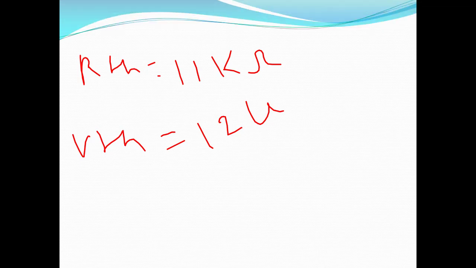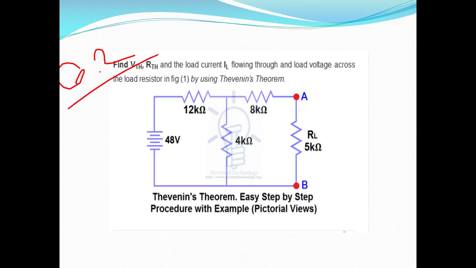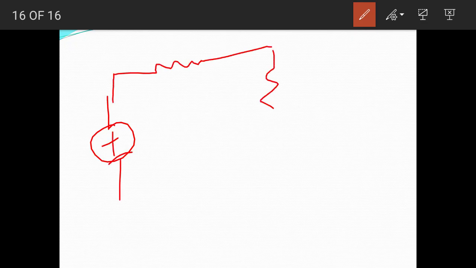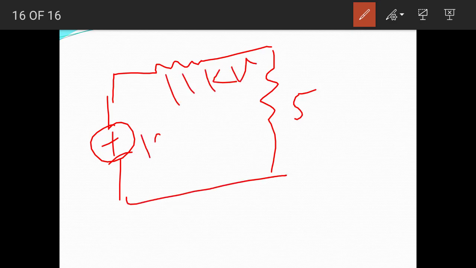In the next step we draw the equivalent circuit with a load of 5 kilo ohm. Now the circuit becomes a voltage source VTH of 12 volt, a series resistance RTH of 11 kilo ohm, and RL of 5 kilo ohm. I0 is the current in the 5 kilo ohm.